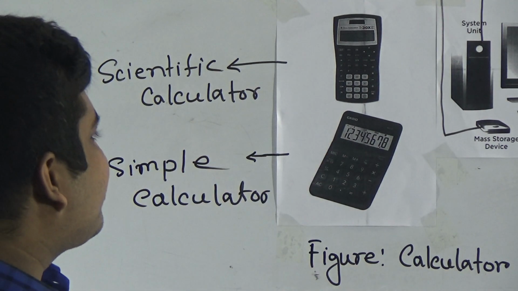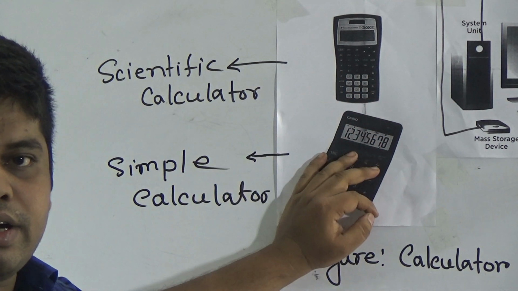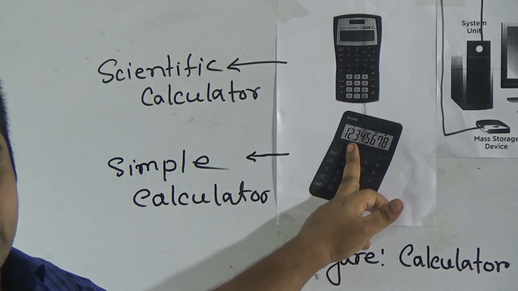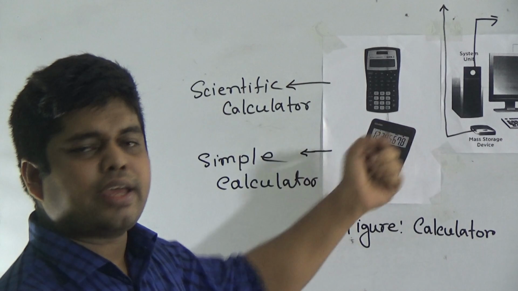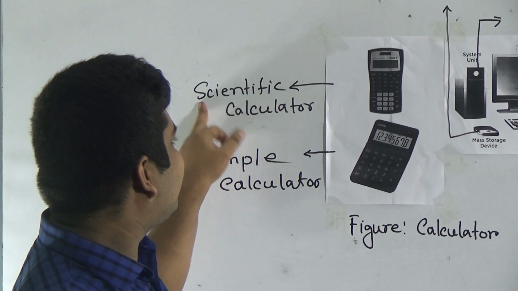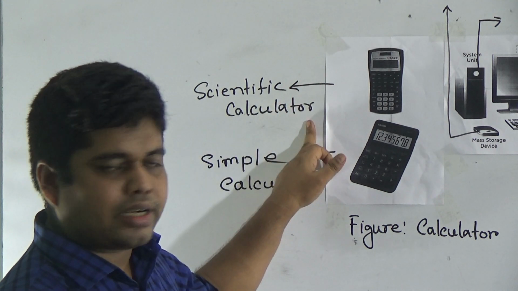If I ask you a question, how many types of calculator, you must give me the answer that there are two types of calculator. If I ask you what are they, they are simple calculator and scientific calculator.